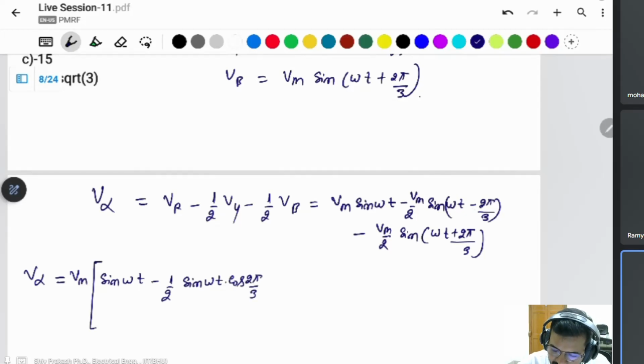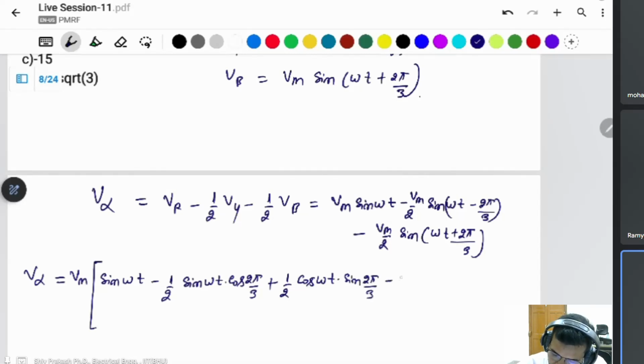Then negative is there, and negative also here, so the negative will be positive: half of cos omega t into sin of 2 pi by 3.